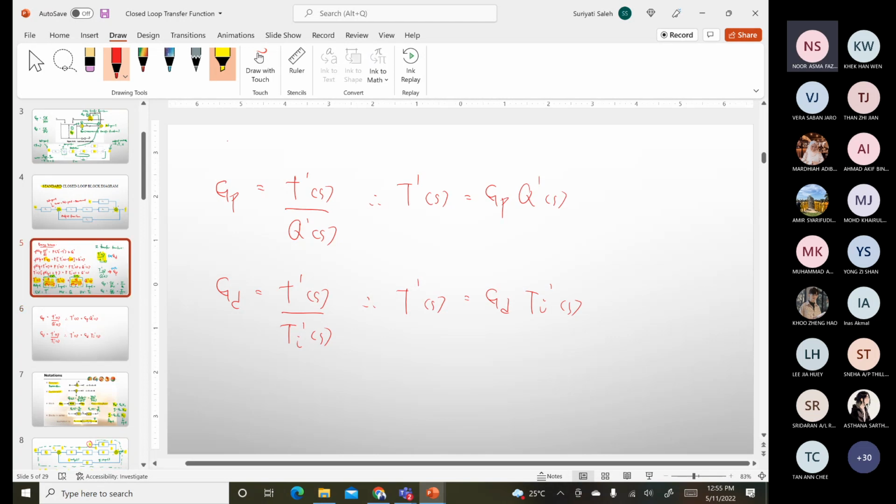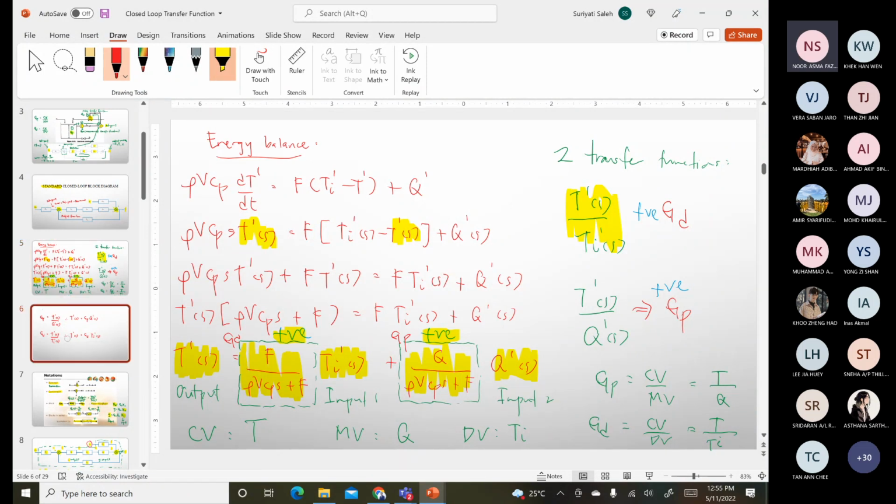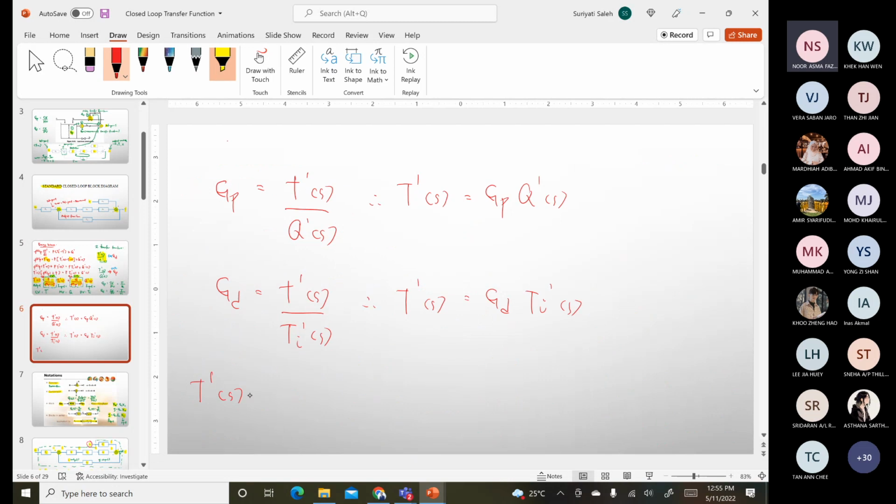If we take a look at this one, this is your final equation: T prime equals F over rho V Cp S plus F. So this is your GD, and this is your GP. If we reconnect it, it becomes T prime S equals GD Ti prime S plus GP Q prime S. Since both are plus, the block diagram is like this.